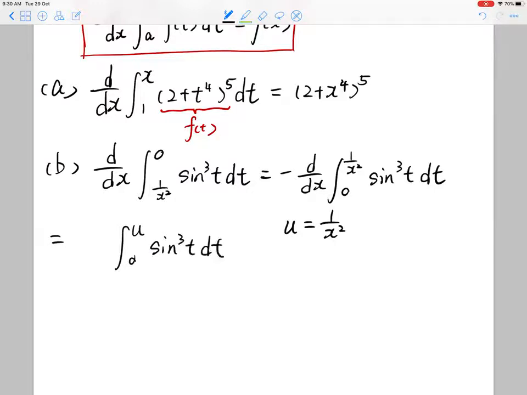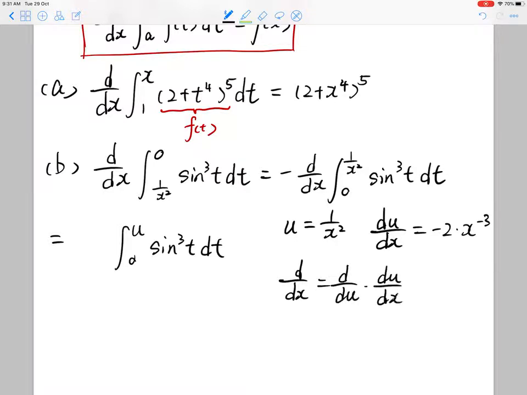Since here it's u, you want this to be d over du. So du over dx is negative 2 times x to the power of negative 3. So your d over dx is d over du times du over dx.